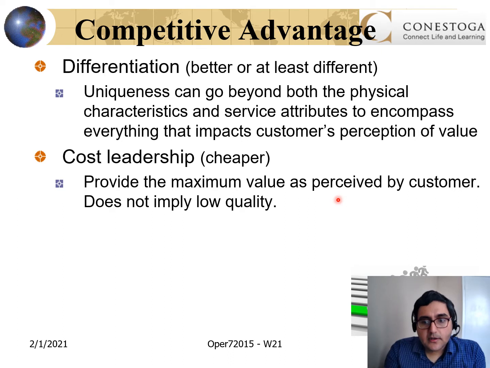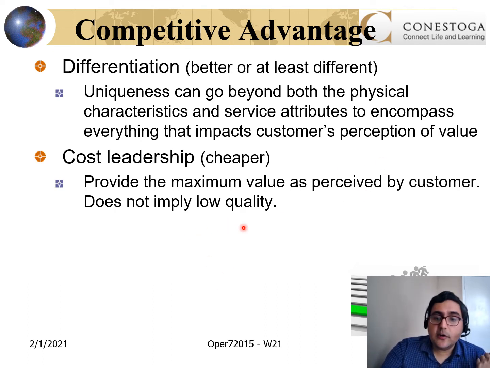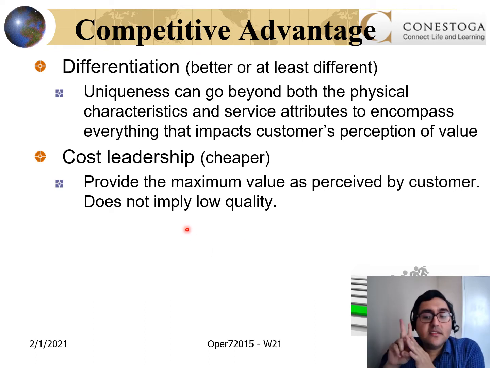You go to Walmart, they always speak about the price match guarantee because they want to create that image on the customer that they are the cheapest provider of it. It doesn't necessarily mean that you are getting a low quality item. This is very important to understand. This is the second way in which companies can achieve the competitive advantage.